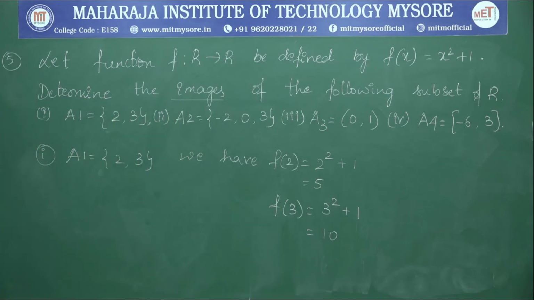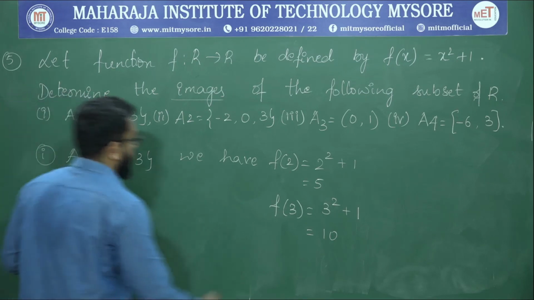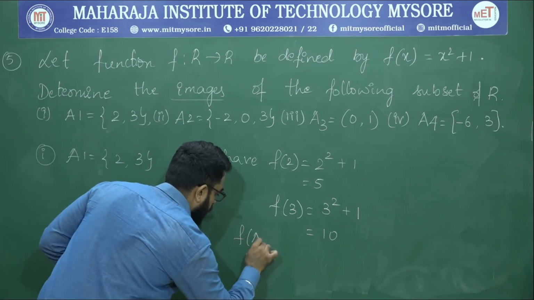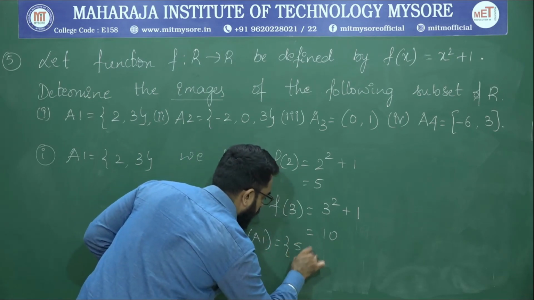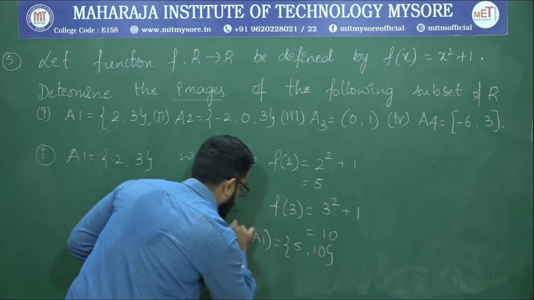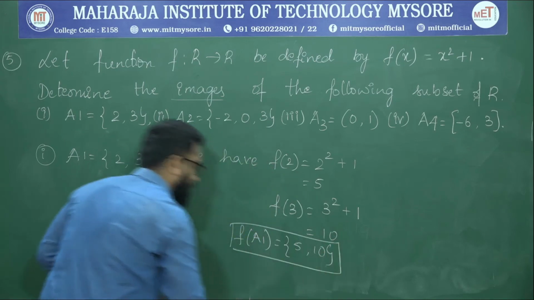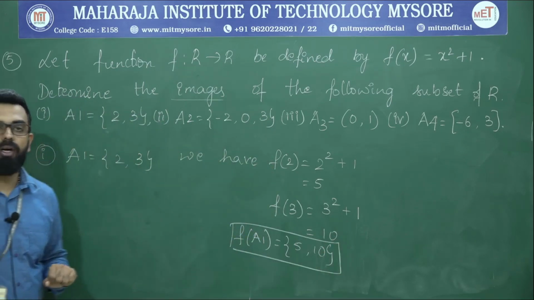So these 5 and 10 are the images; f of A1 is equal to the set {5, 10}. These are the images of the subset A1.